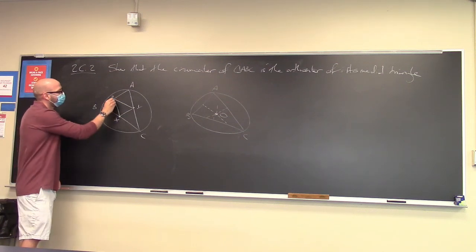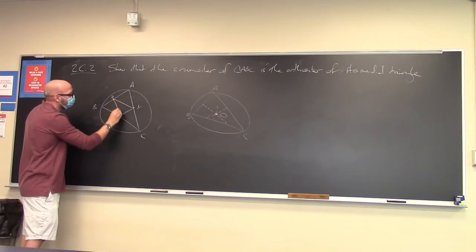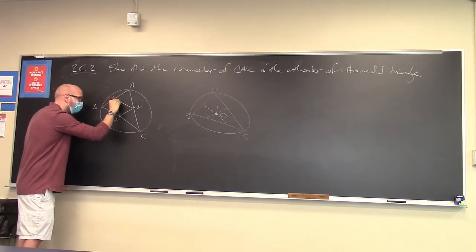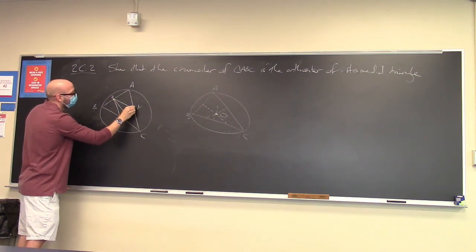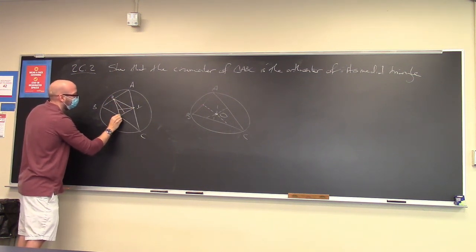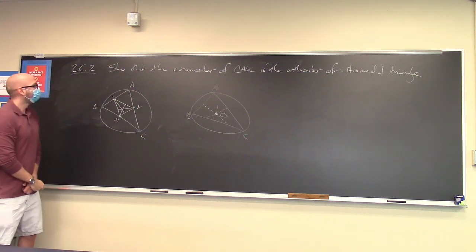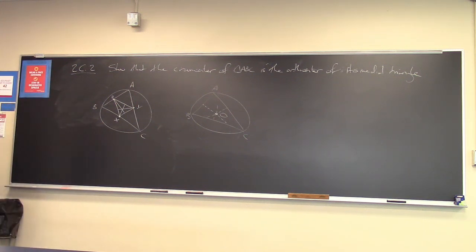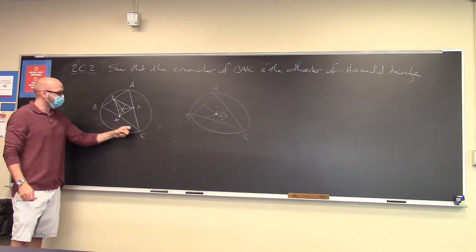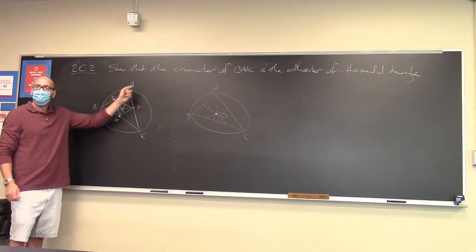Well, what if I draw altitudes from Z, Y, and X? It certainly looks like those are perpendicular bisectors of AB, BC, and CA.